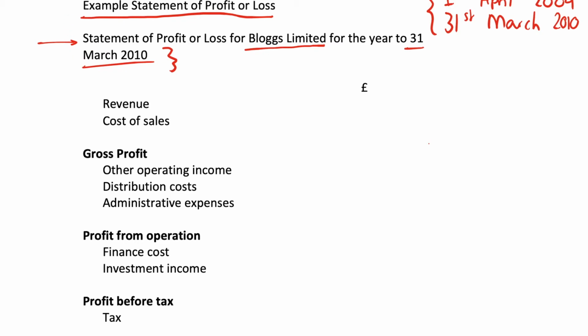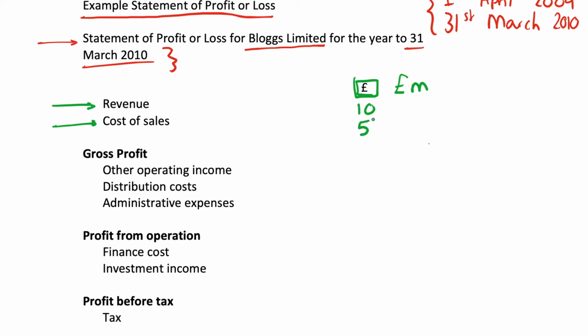So what we might begin with in our statement of profit or loss is just the revenue of a company and the cost of sales. So again, we have this pounds column here. For a big company, we might see millions of pounds. So let's consider that this company has £10 million of revenue and £5 million cost of sales.